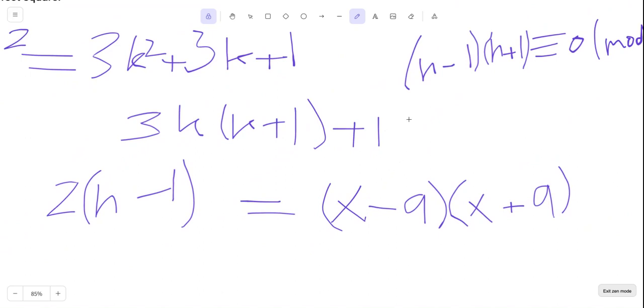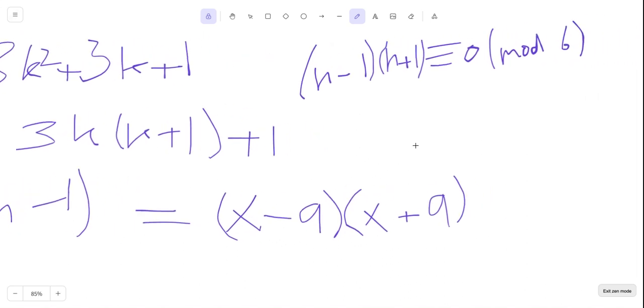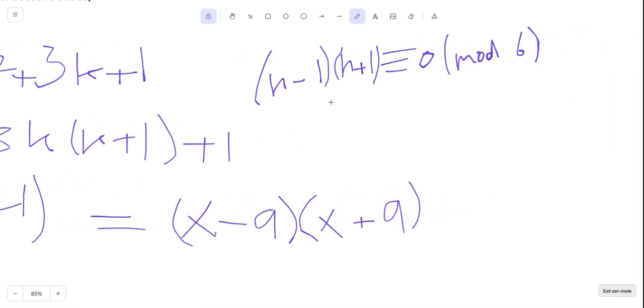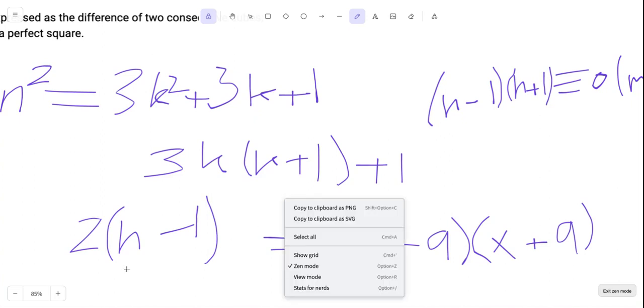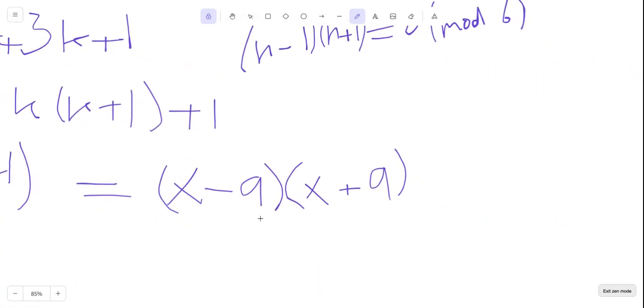Since n minus 1 by itself is divisible by 6, it's divisible by 3. This side is divisible by 3, so this side is also divisible by 3, which also means that if either x minus 9 or x plus 9 is divisible by 3, the other factor also is, because they're off by 18.